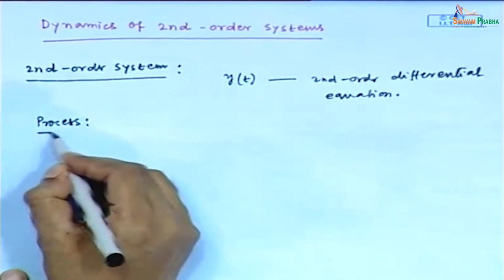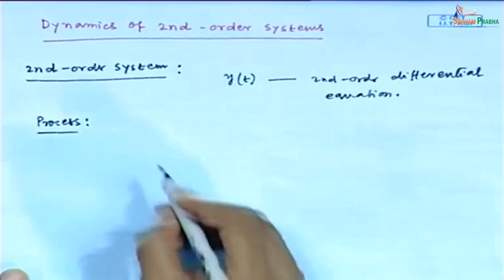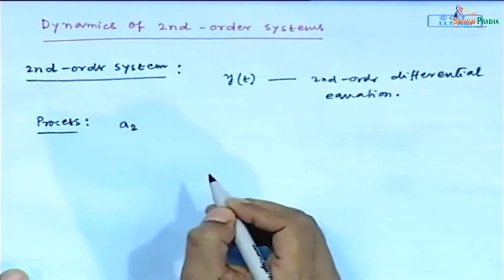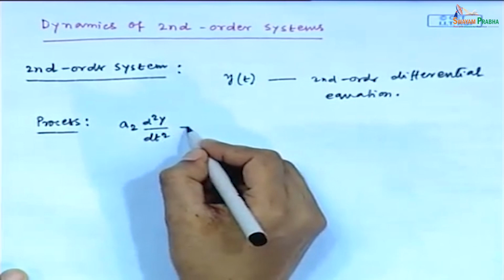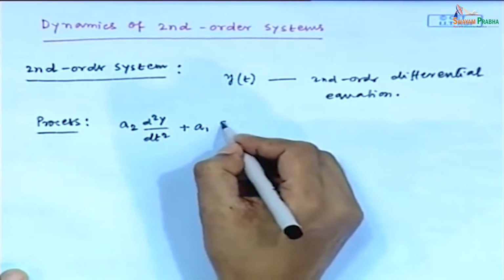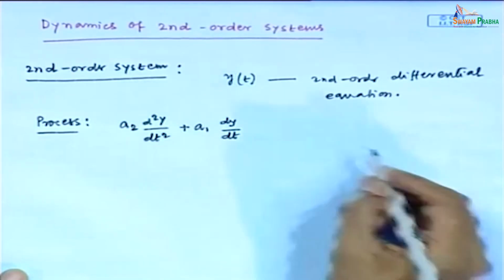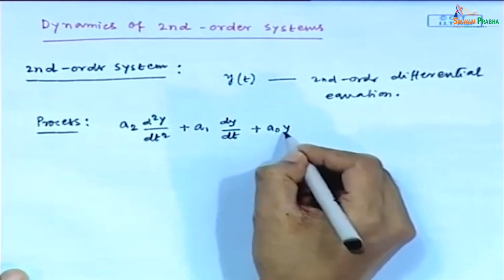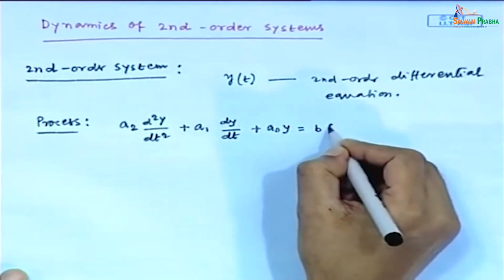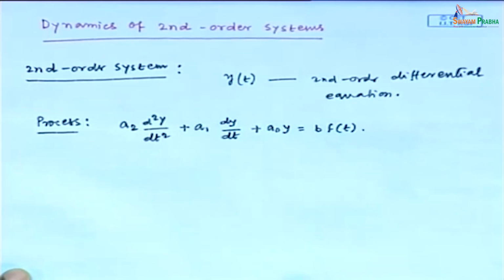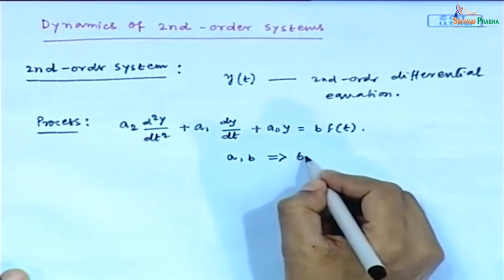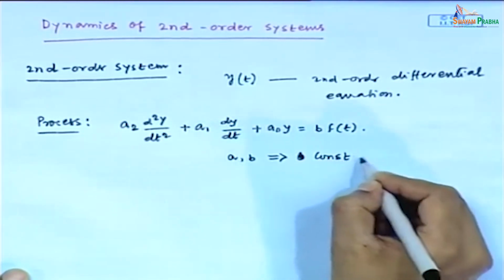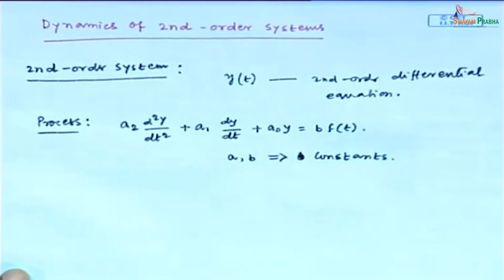For the second order process, the modeling equation we can represent by this form: A2 d2y/dt square plus A1 dy/dt plus A naught y equals b f(t). A and b both are constant coefficients.